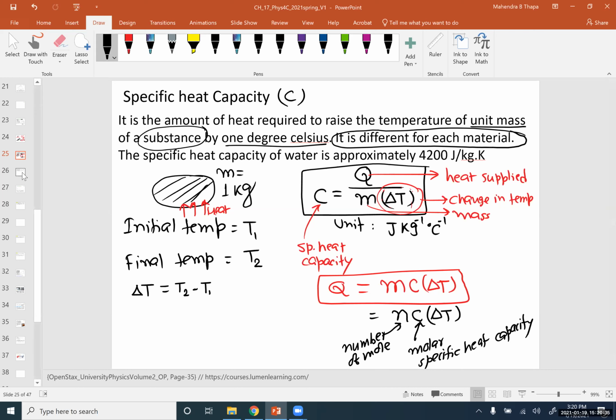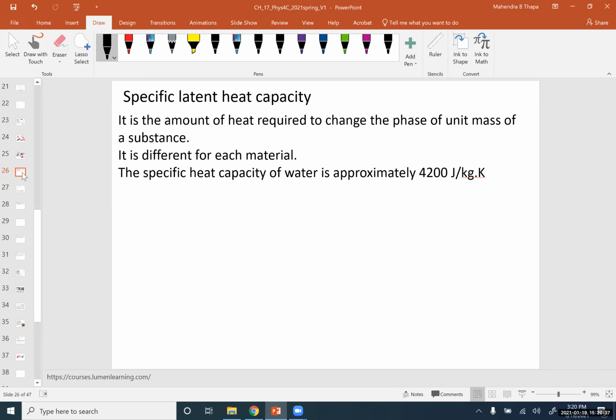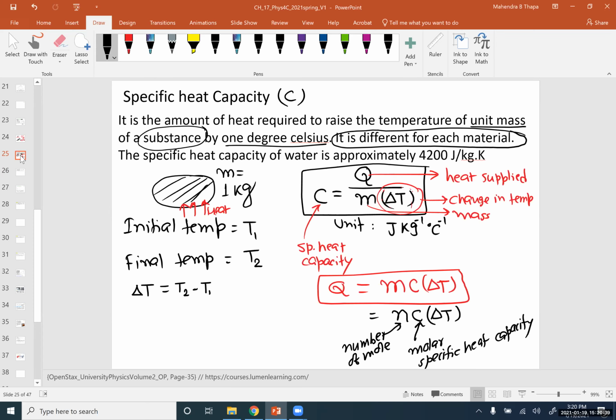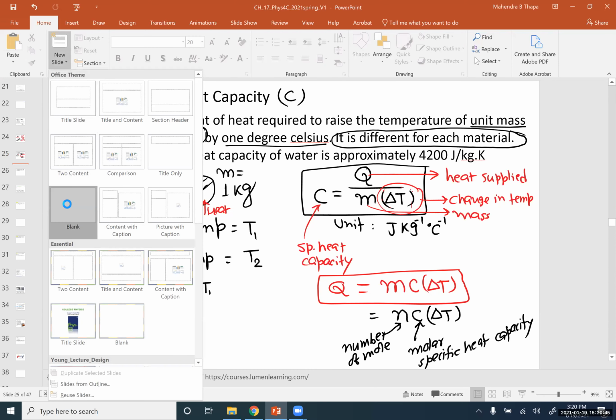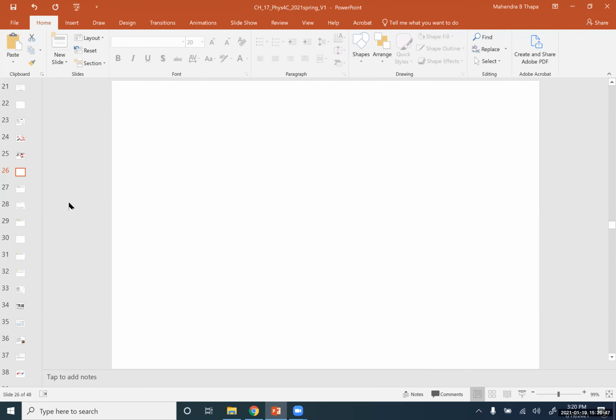So different substances have different specific heats. For example, in the case of water, the specific heat capacity is 4200 joule per kilogram per degree Celsius.